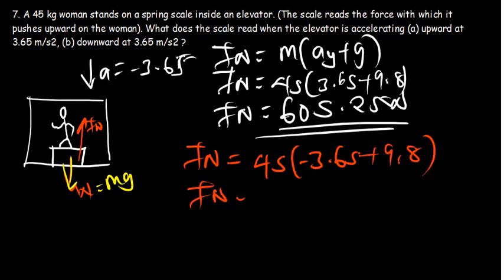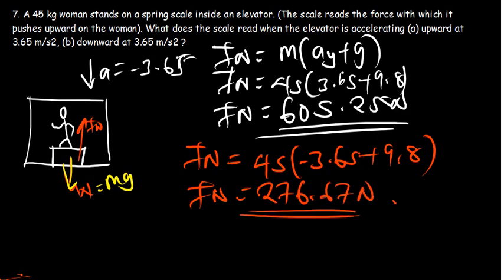So what's going to read? We have negative 3.65 plus 9.8 times 45. Okay, so I'm getting 276.67 newtons. So any type of elevators, you are supposed to do that. It's going to be reading what? The normal force, not the weight force. Okay.